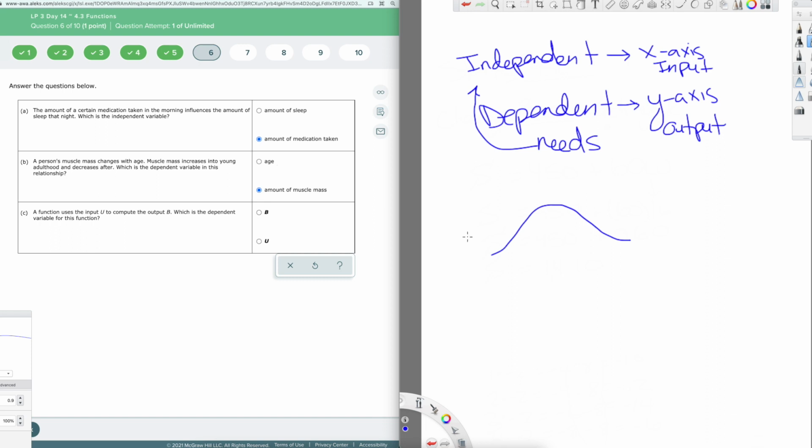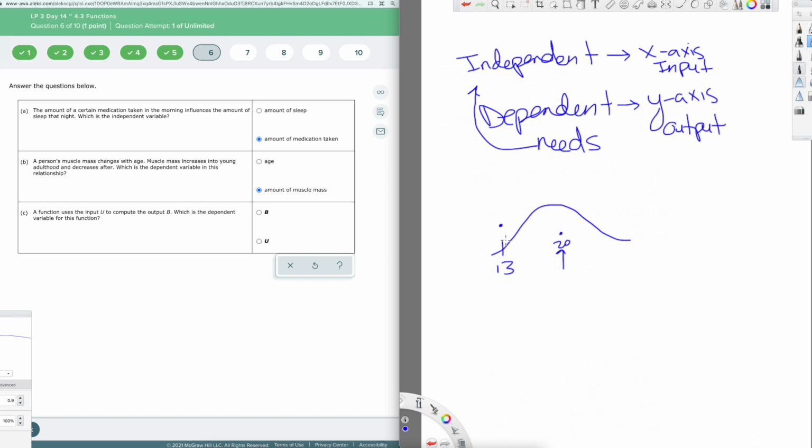But if by chance someone, let's say they're 20 years old and they're right here, and they're not up here with the muscle mass, maybe they have low muscle mass, does that change the fact that they're 20? No, maybe they just have lower muscle mass for some reason. We don't necessarily know why, but having lower or higher muscle mass doesn't change their age. Or maybe a young person had higher muscle mass, like at 13 or something. I'm just throwing some numbers out here.